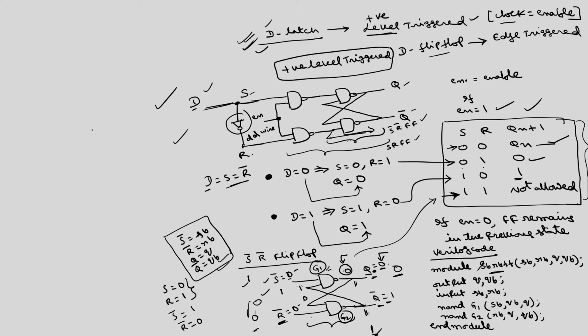I will write the Verilog code here itself. So, module D latch, input is D, outputs are Q, QB.